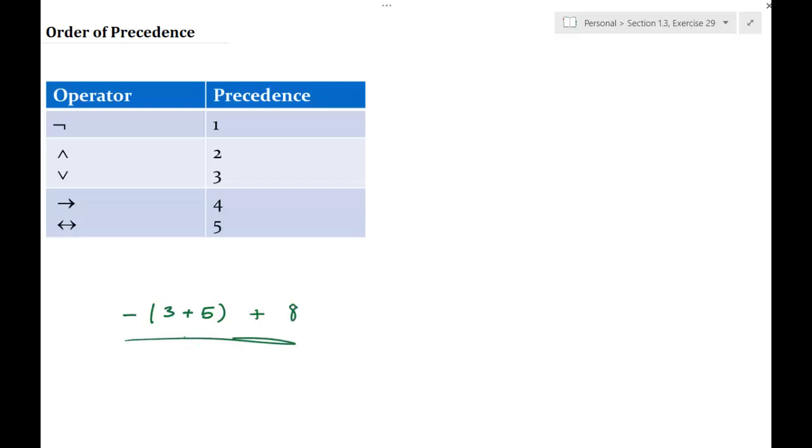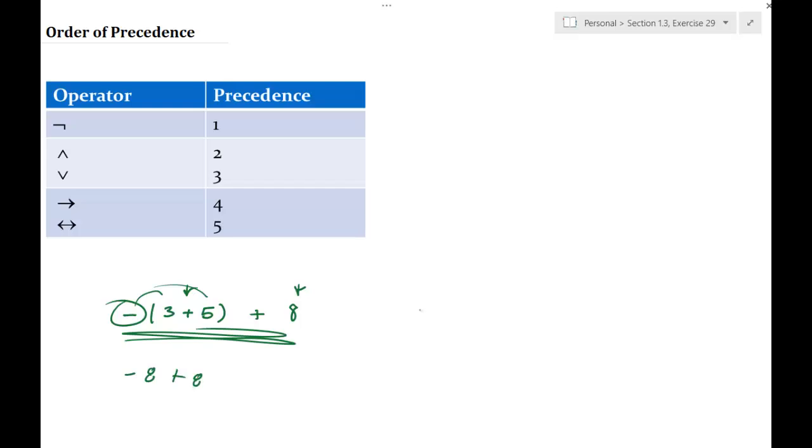I want to combine these guys. I want to combine this and this, but this negation here is causing issues, okay? So I can distribute it, or I can just say 3 plus 5 is 8. Negative 8 plus 8 is 0.